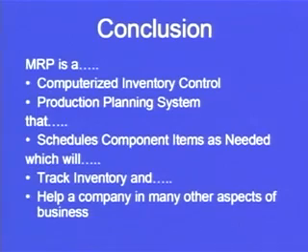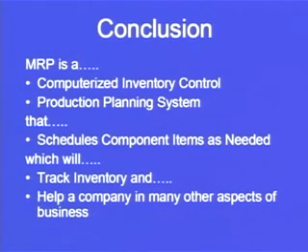Now finally we would like to come to the conclusion of what basically MRP is. MRP is a computerized inventory control system. I have been using the term package or system again and again. So basically it is a computerized materials management or inventory control system. Now this can also be used as a production planning system that schedules the component items as needed.